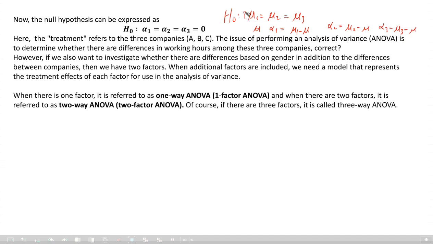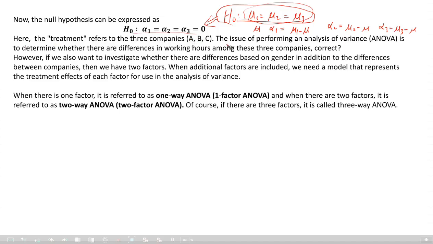So if they are the same value, equivalent, then alpha 1, alpha 2, alpha 3 should be equal to 0. So the null hypothesis can be expressed this way, equivalently. Here, the treatment refers to the three companies A, B, C.